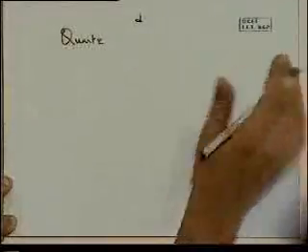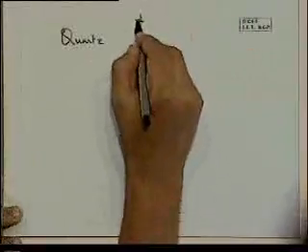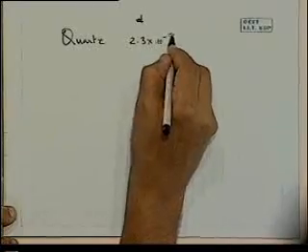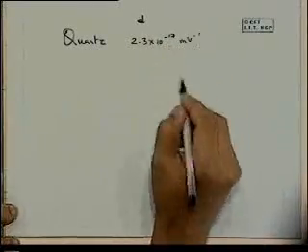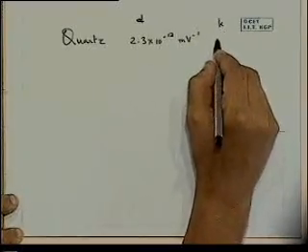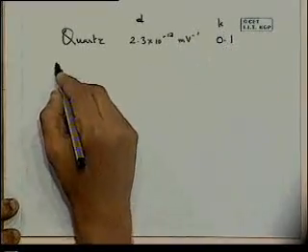Here's some quick numbers for quartz. D, one of the coefficients, Dij, is 2.3 times 10 to the power minus 12 meters per volt, just by way of comparison of similar coefficients. And the K coupling coefficient is 0.1.